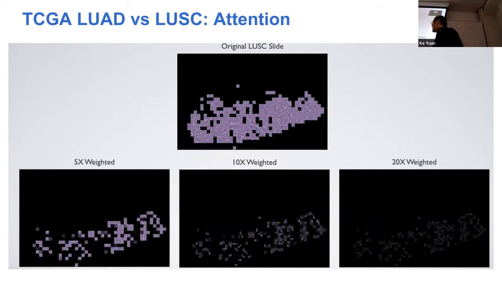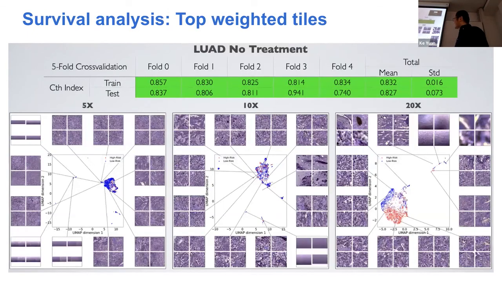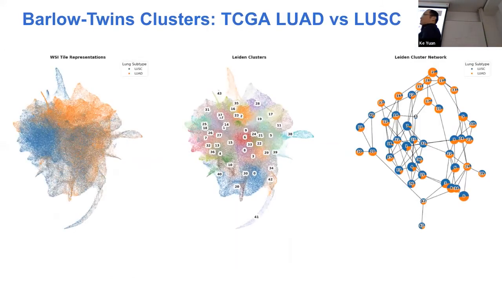So this, combined with those issues and challenges that we see with MIL, prompted us to go in the clustering direction. Here, this is the Barlow Twins representation, color coded by cancer type. We did something that is very popular in the single cell literature, where they share the same problem with us. They all face high dimensional space with lots of points they're trying to cluster.